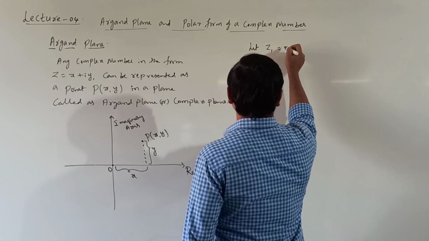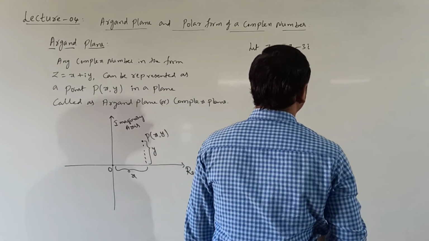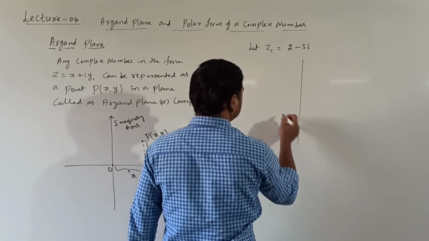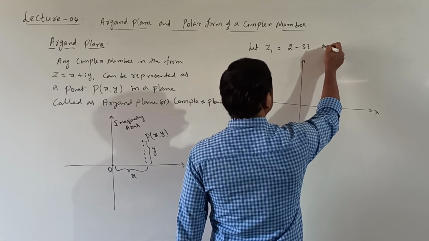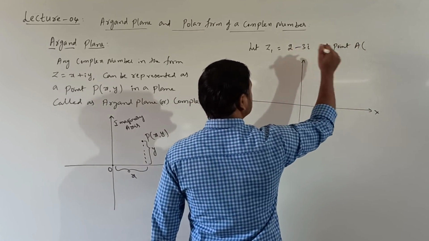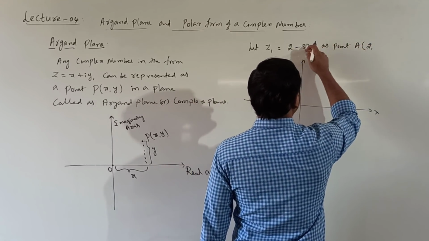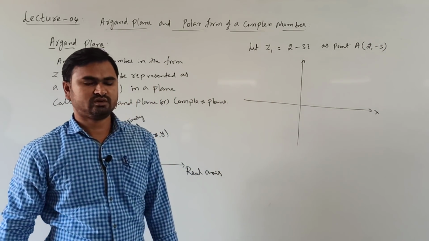Understand? So if I want to represent a complex number like this, suppose z1 is 2 minus 3i. How can we represent it as a point? What will be the point here? Real part is 2, imaginary part is minus 3. So it corresponds to the point (2, minus 3).